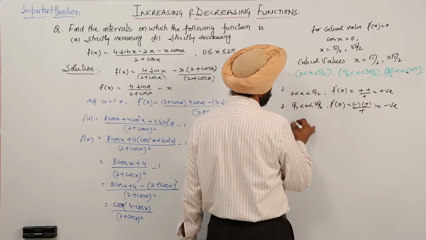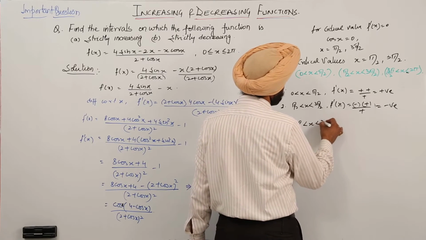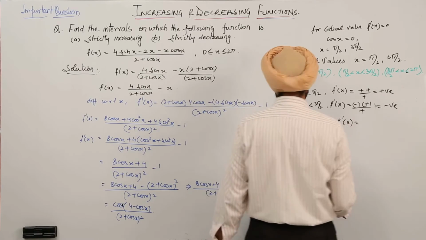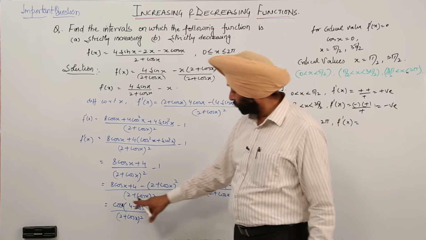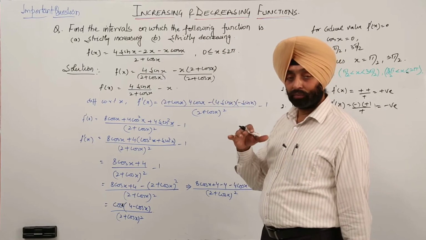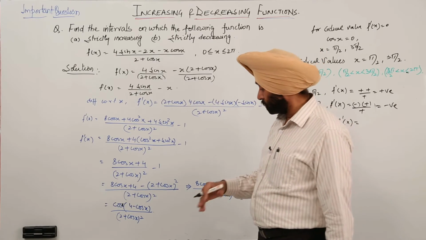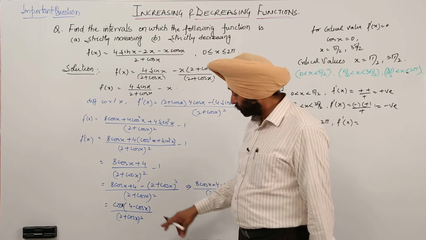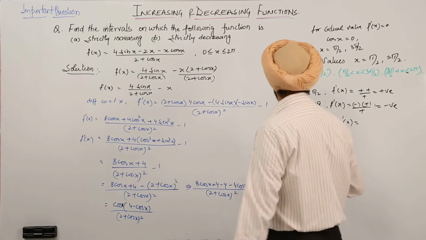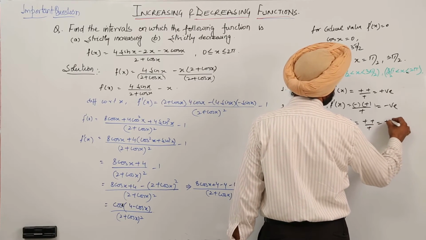Number 3, 3 pi by 2 less than x less than 2 pi. Now in the fourth quadrant, suppose 45 degrees going in the clockwise direction, cos is positive, 4 minus cos is positive, so we have positive upon positive, and it is positive.